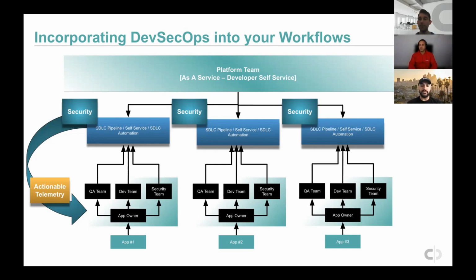Exactly. And if you need to have continuous feedback in alignment to a DevSecOps model, then it can't be manual where that feedback is coming in. There needs to be automation so that that feedback can come in as many times as possible throughout the entire process.